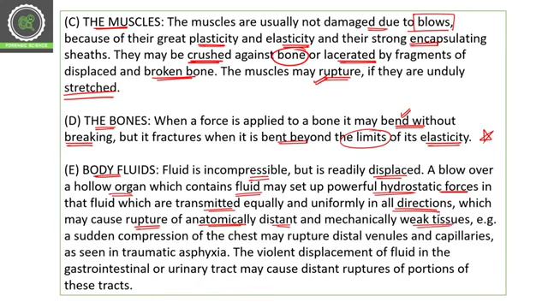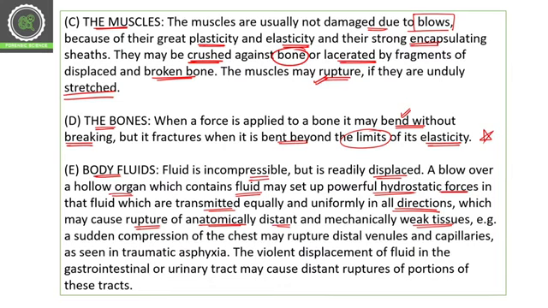So it is going to rupture if pressure is applied and that particular organ contains some fluid. The blow and the transfer of energy will be equally distributed in all directions in that organ, and if that is a weak tissue, it's going to rupture.